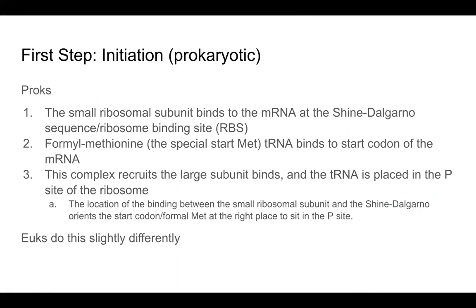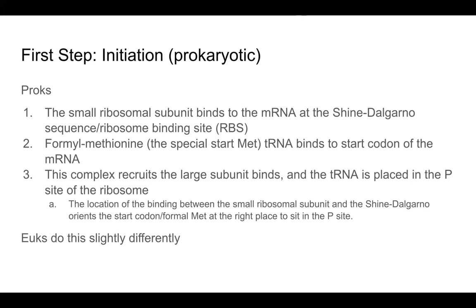So the Shine-Dalgarno sequence and the way that the small ribosomal subunit binds to the mRNA situates that AUG start codon in the right place, such that when the large subunit binds, the tRNA is just in that P site. Eukaryotes do this slightly differently.